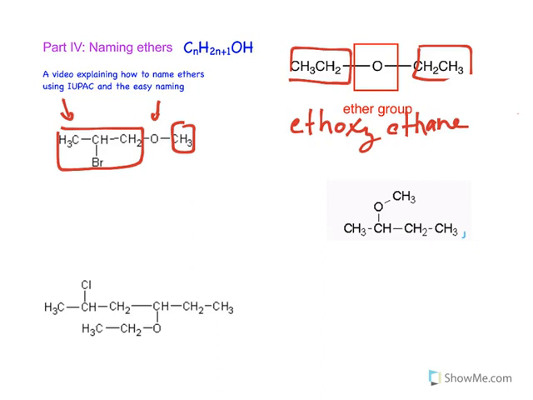So this is going to be the methoxy, and the other one will be named following the rules of alkane. So 1, 2, 3, I have 2-bromopropane.